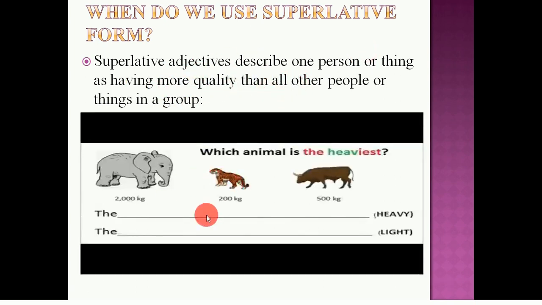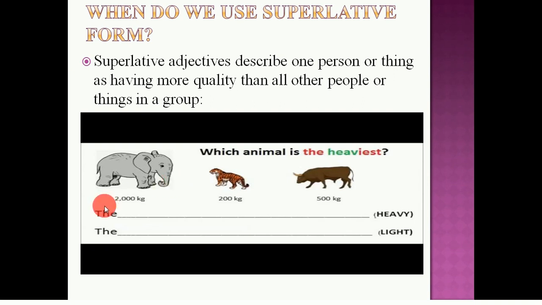Okay, look at this picture. So we have an elephant, a tiger, an ox. We are going to compare. We are going to see which animal is the heaviest. شكون اللي عنده the quality نتاع الثقل أكثر من الآخرين.